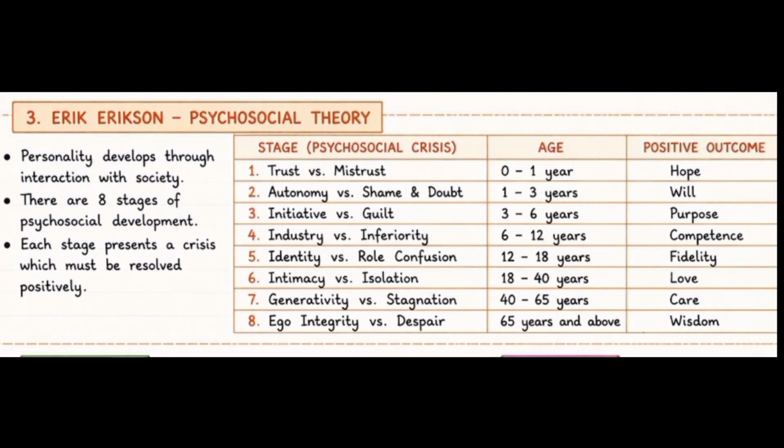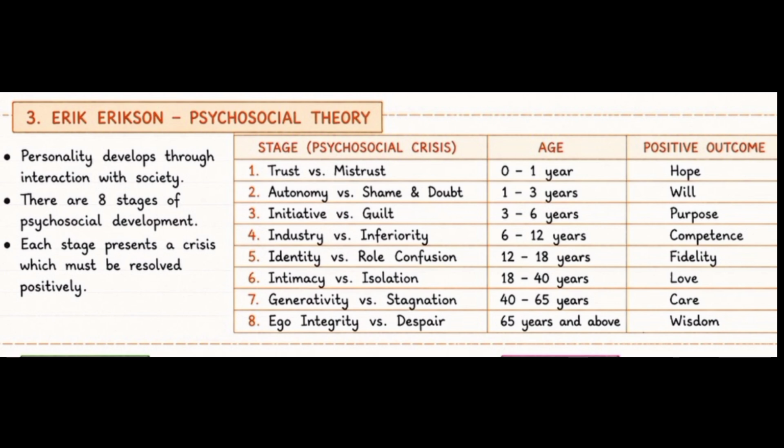And Erikson gives the psychosocial theory. Personality develops through interaction with society. There are 8 stages of psychosocial development. Each stage presents a crisis which must be resolved positively. Erikson proposed a theory on the basis of the social environment.